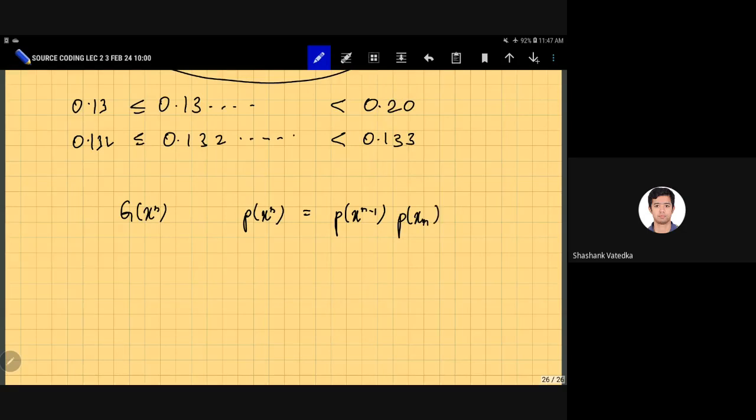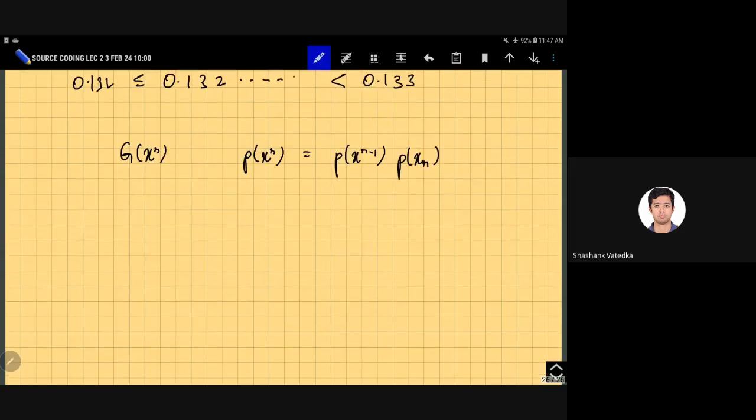So that's a very easy recursion to compute. But in fact, we can compute g of x^n very easily. So I claim that g of x^n is equal to g of x^(n-1) plus p of x^(n-1) times g of x_n.